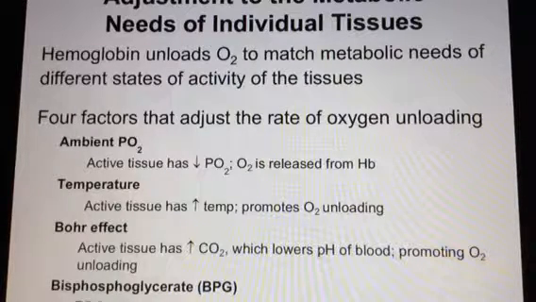This talks about 4 factors that can adjust the rate of oxygen unloading. I'm not really picky about all of these. I mean, read through this in your textbook, but again, I feel like this is getting into a little more detail than we need to be.